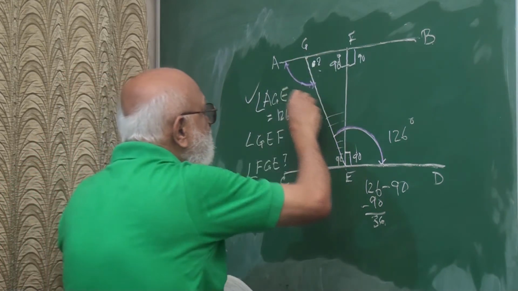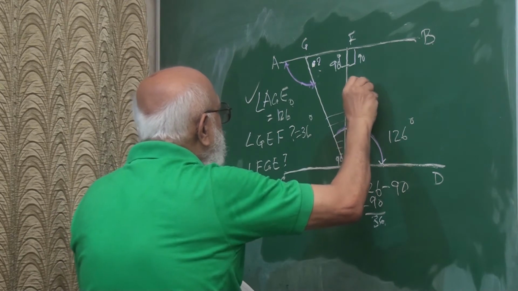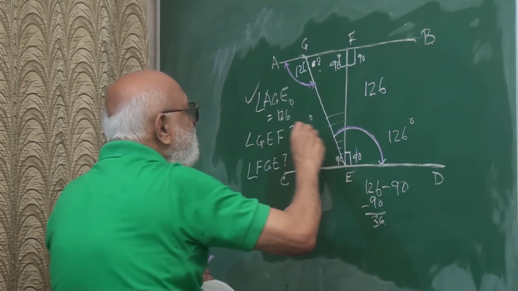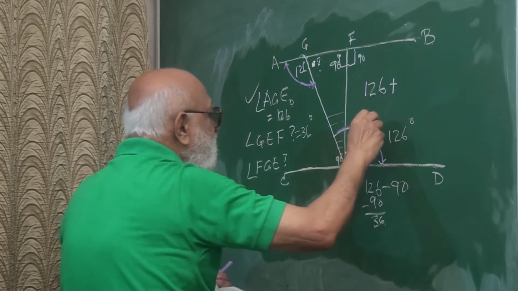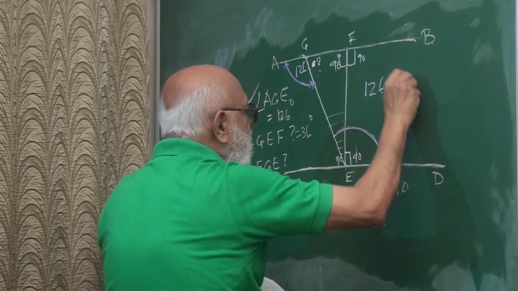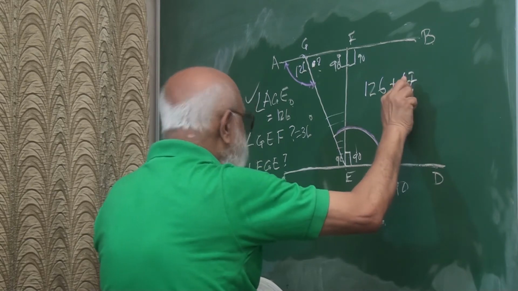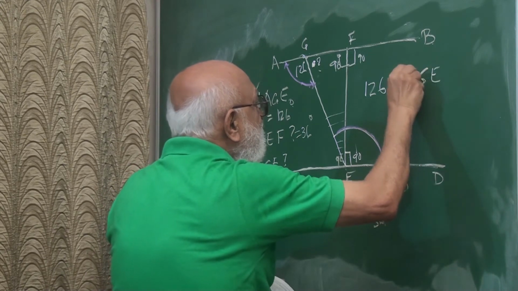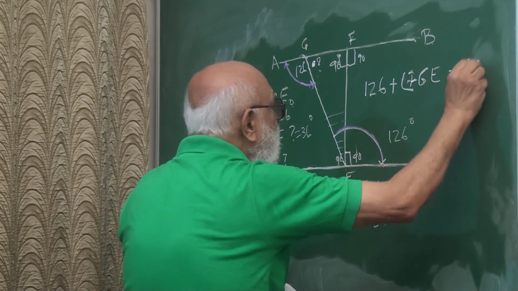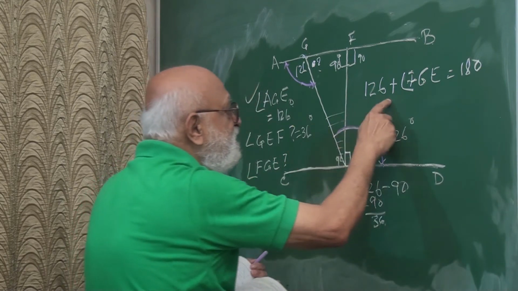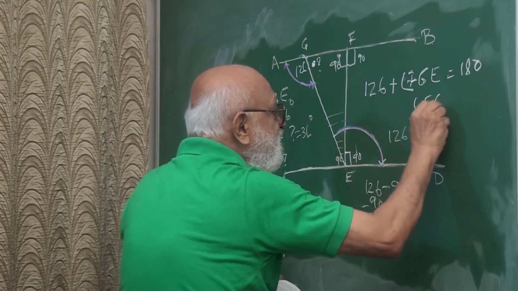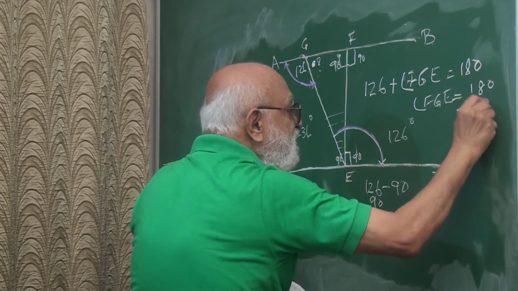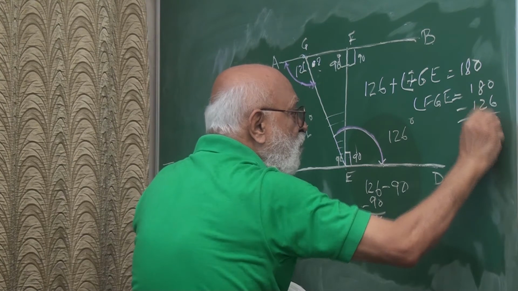You know this would be angle 126 because this is 126. 126 plus angle FGE, yes, angle FGE is equal to 180. Okay, I know about this angle, then angle FGE will be equal to 180 minus 126. What will be that? 54.